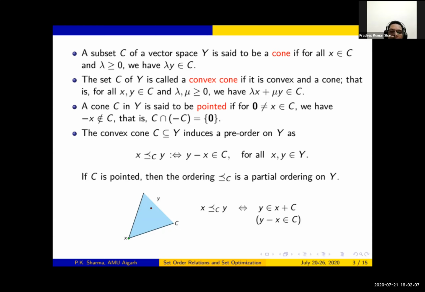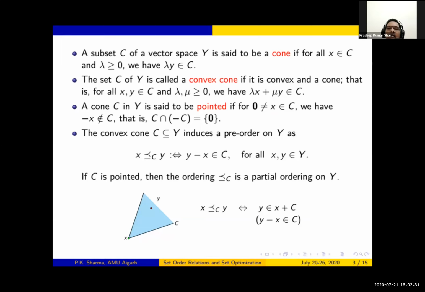cyan colored figure represents the cone C, and the cone C is said to be a convex cone if for all elements x and y of C and all non-negative scalars lambda and mu, lambda x plus mu y is in C. That is, C should be convex and a cone.